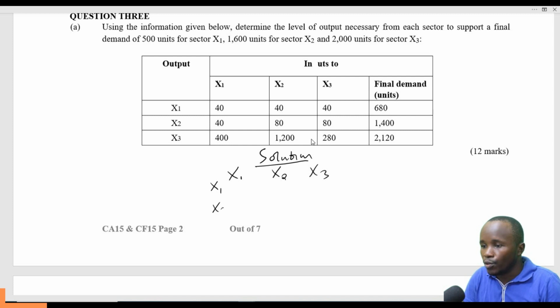We have X2, X3. This is 40, 40, 40, 40, 80, 80, 400, 1,200, 280.